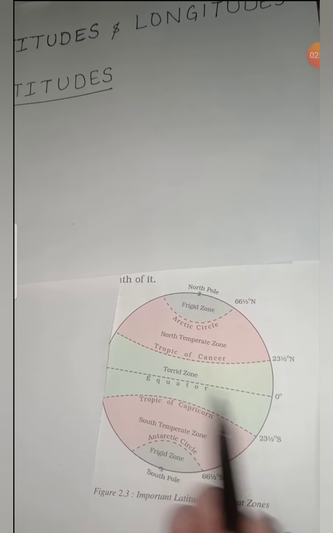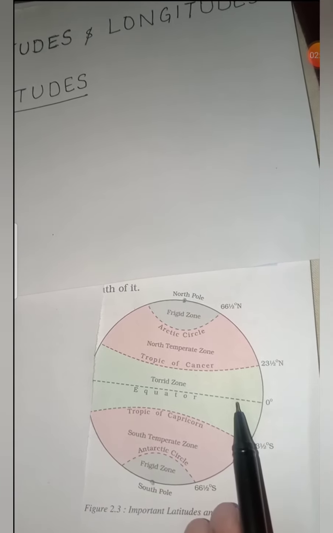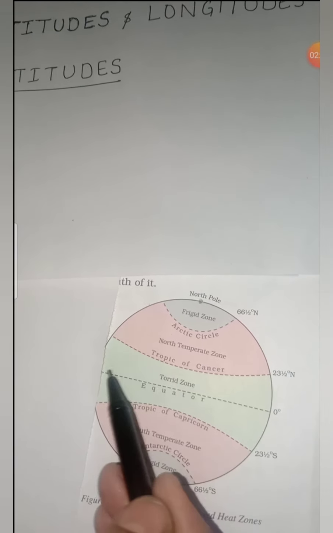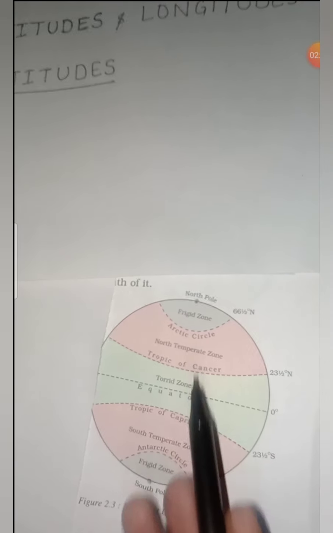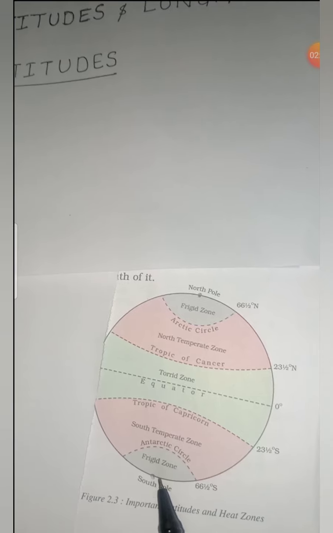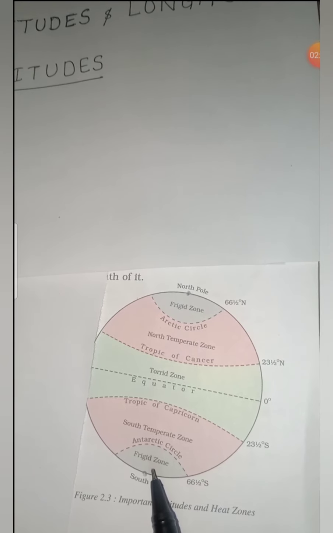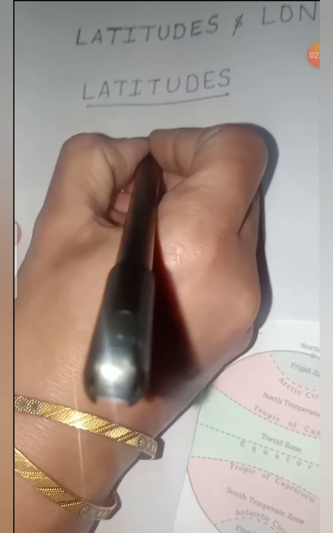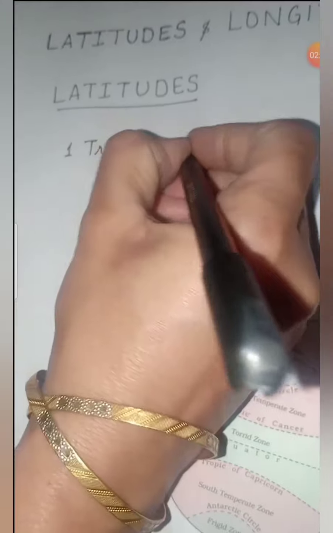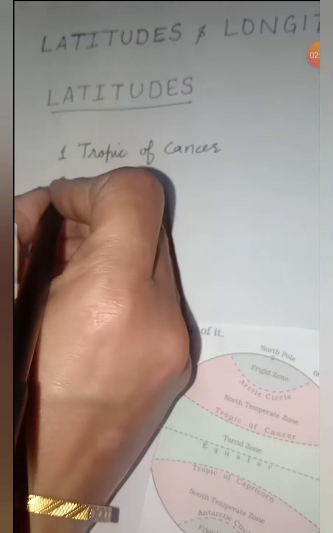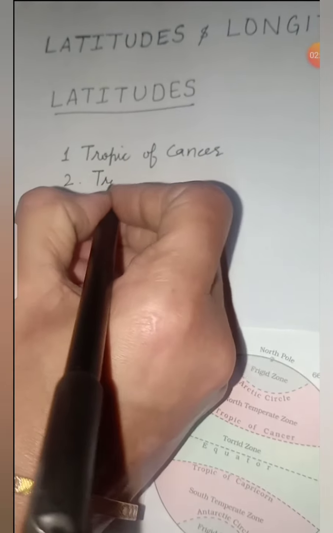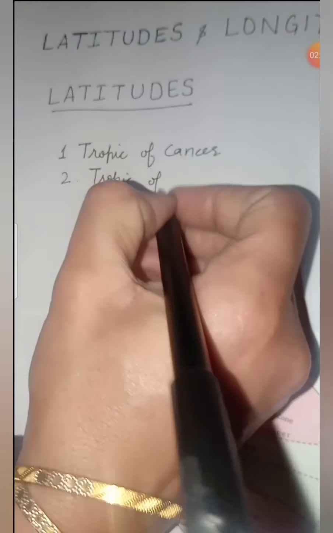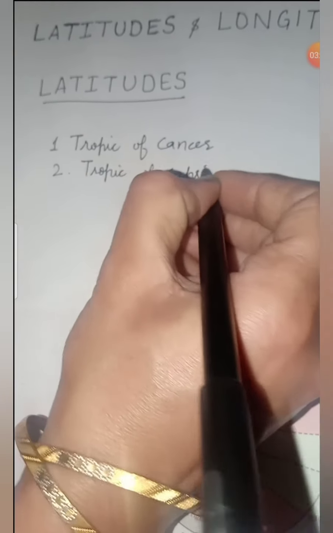Apart from the equator, we have other latitudes also. Number one is the Tropic of Cancer. Number two is the Tropic of Capricorn.